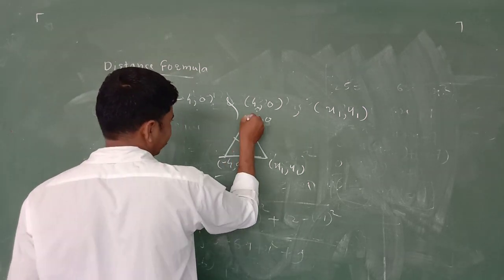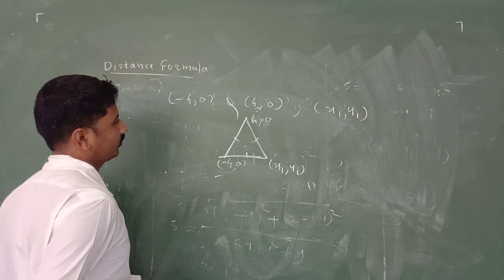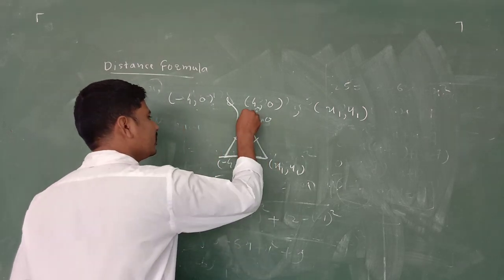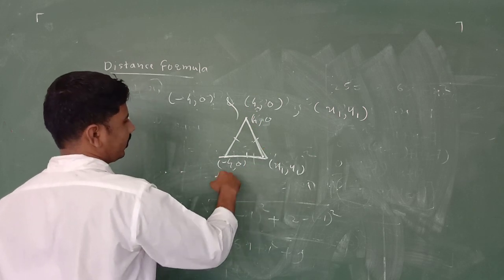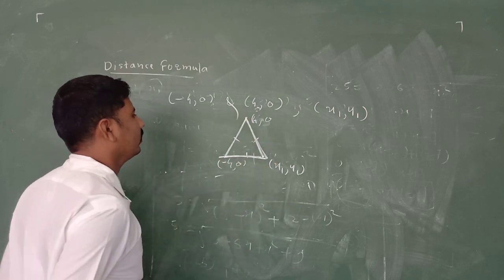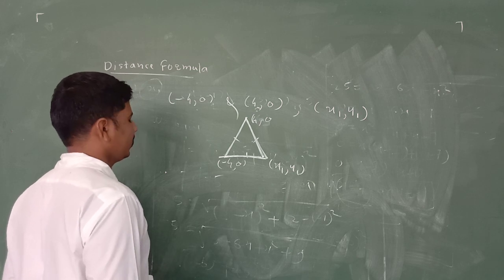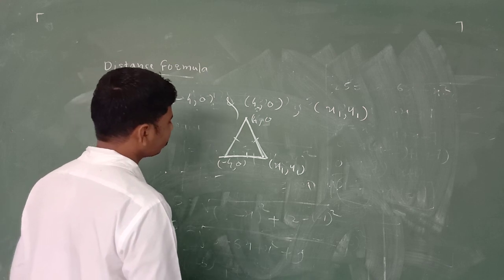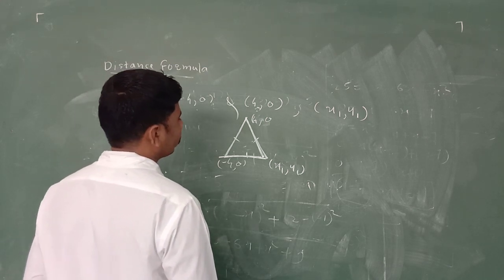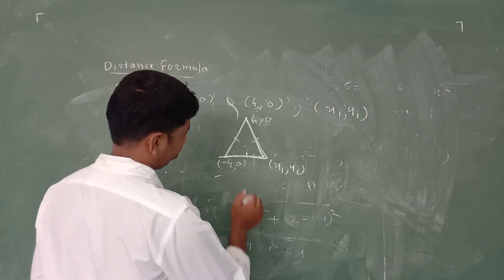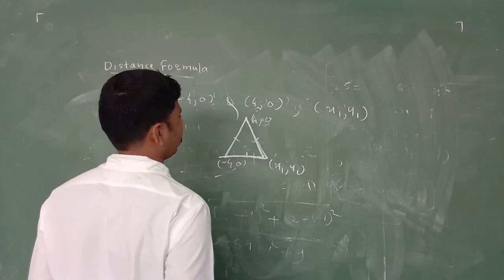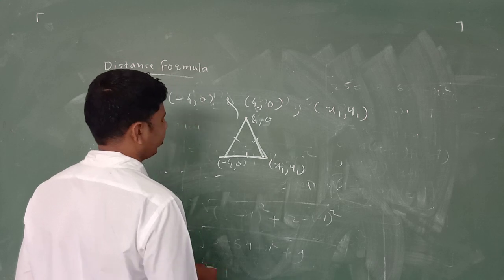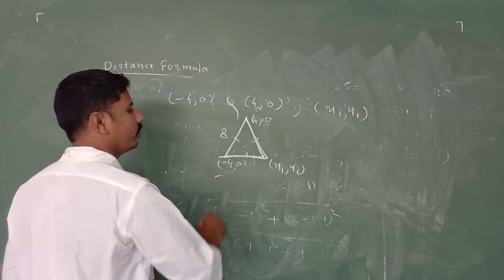So the distance between these 2 points is the same as the distance between these 2 points and the same as the distance between these 2 points. What is the distance between -4, 0 and 4, 0? 4 minus minus 4 is 8, 8 square, and 0 square. So this distance will be 8.